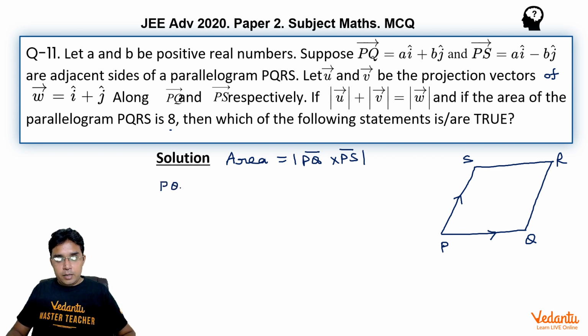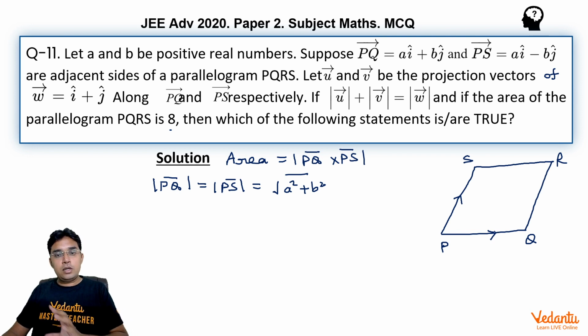You can see that mod PQ and mod PS are equal to root A square plus B square. That means this parallelogram is actually a rhombus. It is not a simple parallelogram, and this fact can be verified by taking their diagonal vectors also.